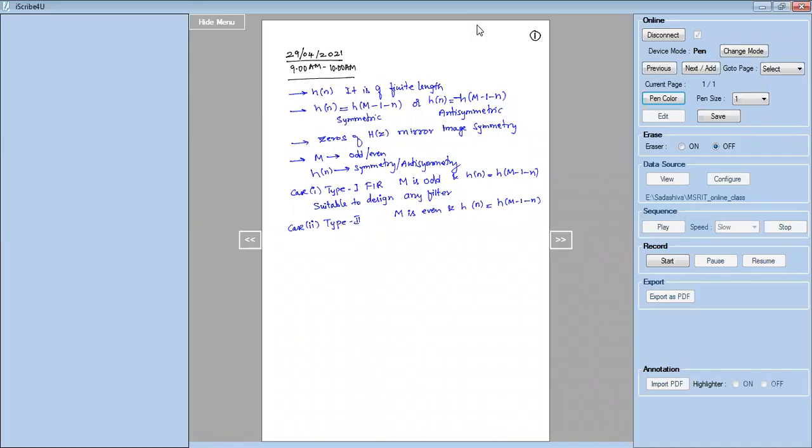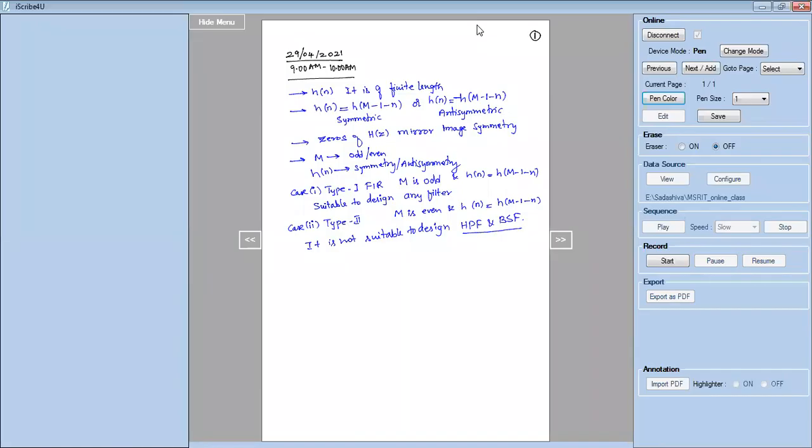So this particular type 2 filter should not be used. It is not suitable to design high pass filter and band stop filter. We should not design high pass filter and band stop filter using type 2.